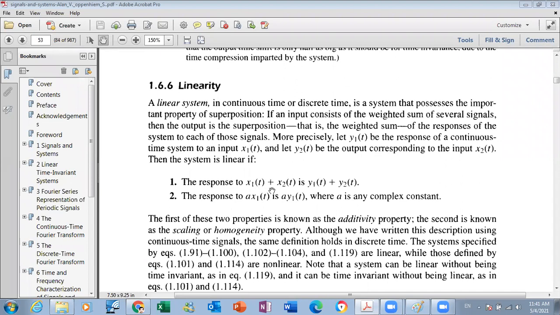Additivity means if there is an input x1(t) which corresponds to output y1(t), and there is an input x2(t) which corresponds to output y2(t), and a third input is obtained by adding x1(t) and x2(t), then y1(t) should be added to y2(t) as well.